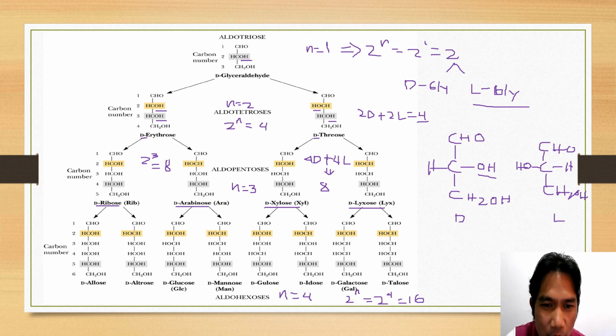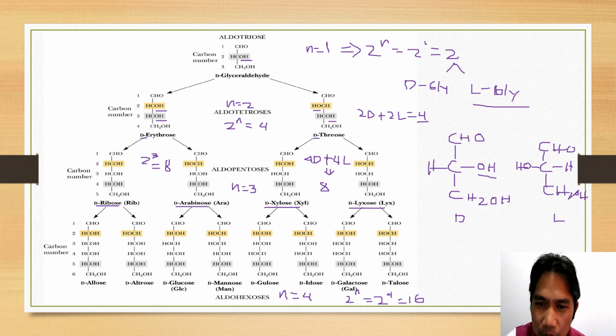So the atoms of aldohexoses can be rearranged to form 16 different molecules. So what are those 16 different molecules? D-allose, D-altrose, D-glucose, D-mannose, D-gulose, D-idose, D-galactose, and D-talose.